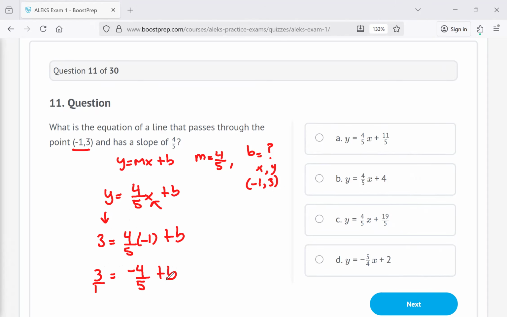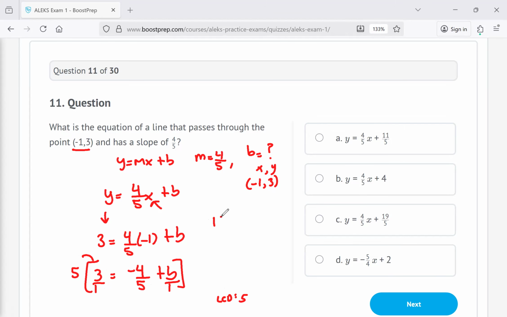I have a fraction, and I don't like fractions, so I'm going to get rid of it immediately. To get rid of the fraction, I'm going to multiply all 3 sides by the LCD. Looking at the bottoms, we have a 1, a 5, and a 1. My LCD is 5. So I'm going to multiply all 3 sides by 5.